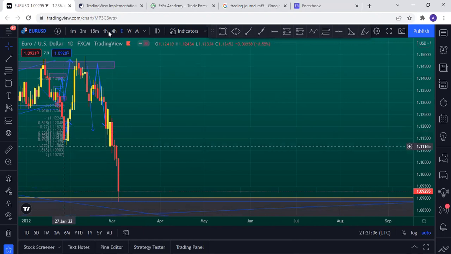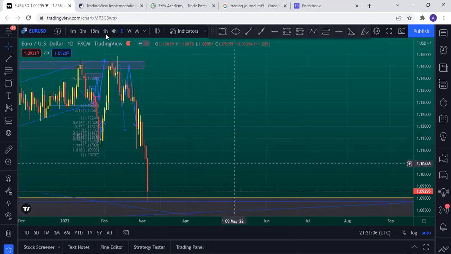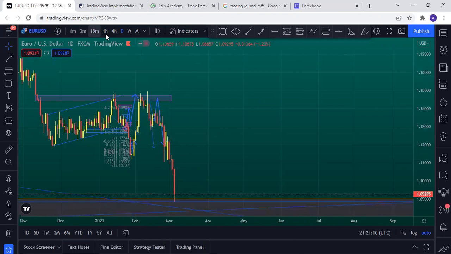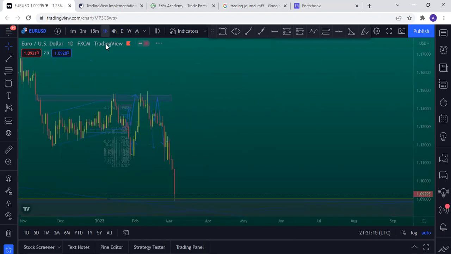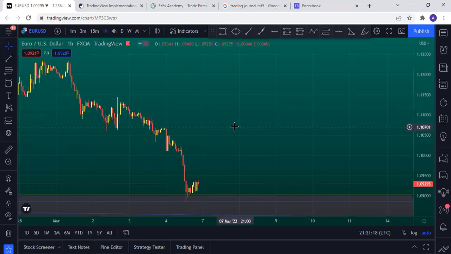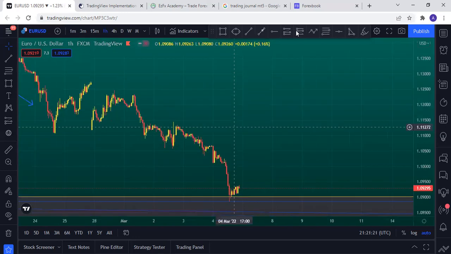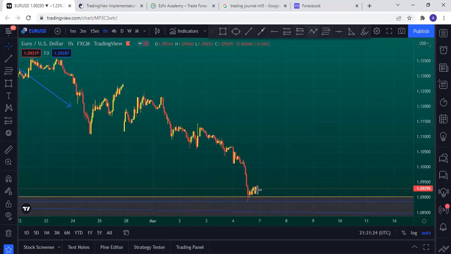So let me see what the 1 hour time frame looks like. All right, so this is the 1 hour time frame, and I'll be trying to see price do something like this.